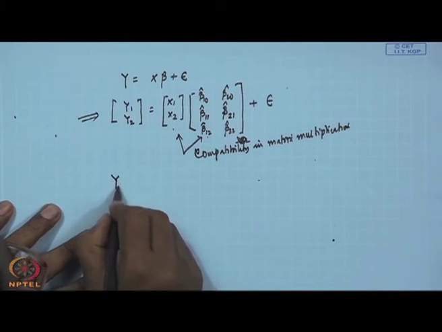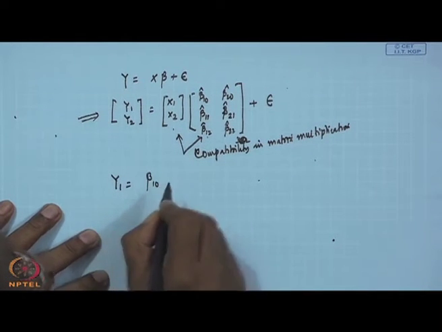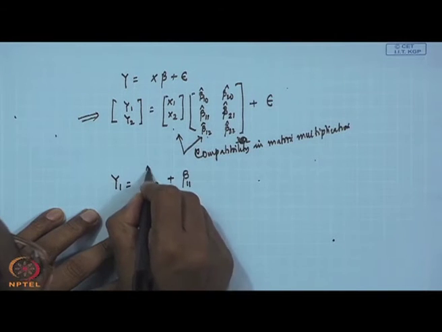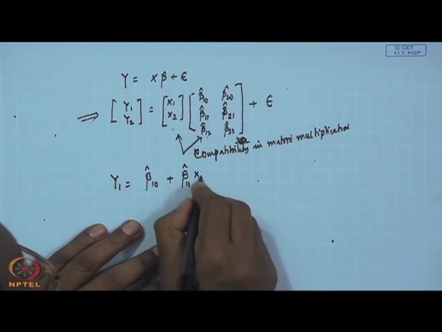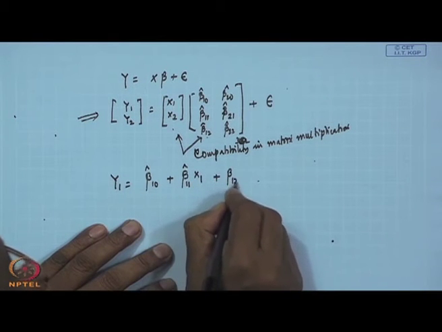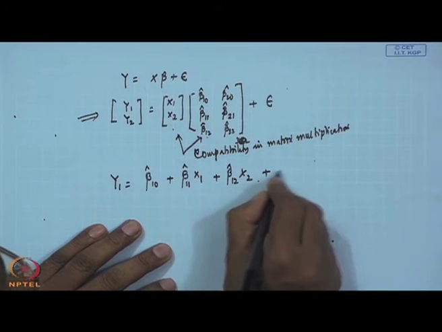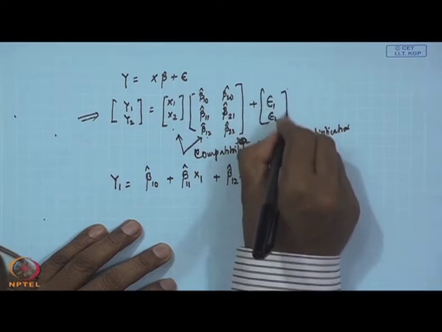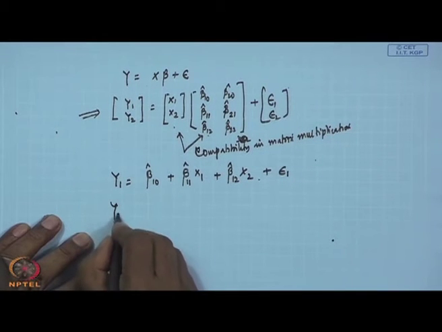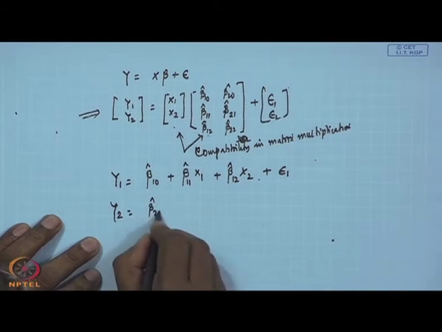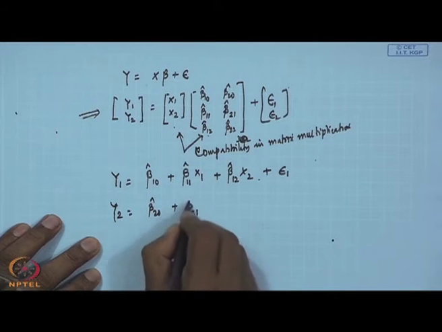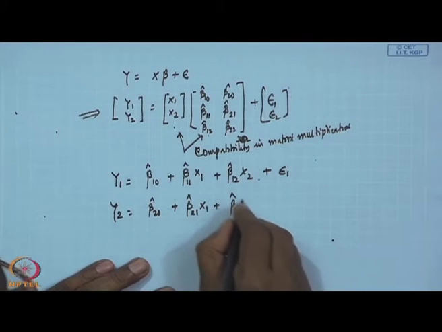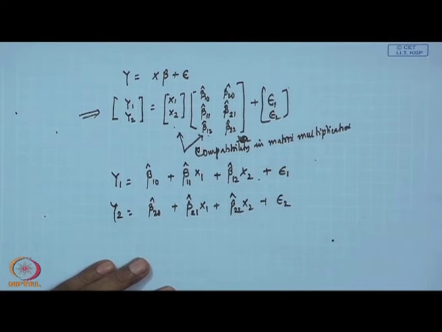Straight away, I write y1 equal to beta 10 cap plus beta 11 x1, then beta 12 x2 plus epsilon 1, and epsilon 2. Then your y2 is beta 20 cap, plus beta 21 x1, plus beta 22 x2 plus epsilon 2.